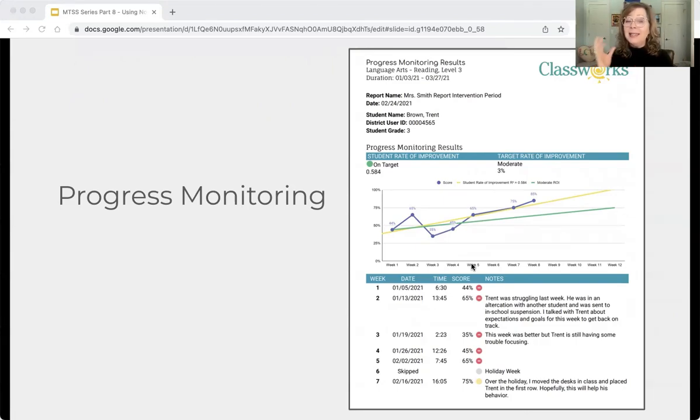Progress monitoring is essential to keeping a close eye on student growth. Understanding the effectiveness of intervention is key to student success, right? So if a student is not responding to intervention, it's time to change the intervention or the intervention level. It's really important to see that big picture.